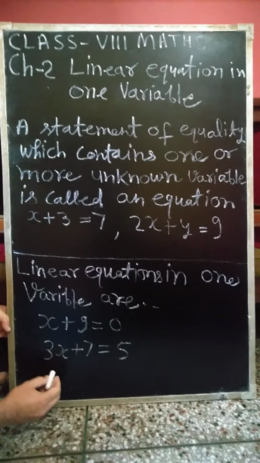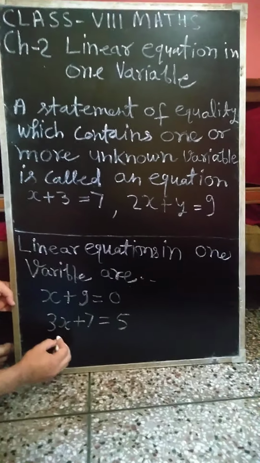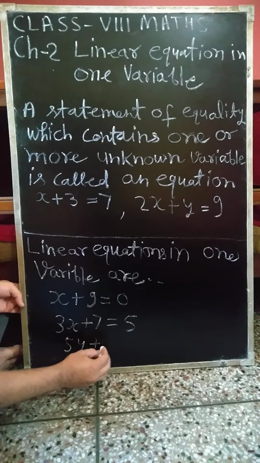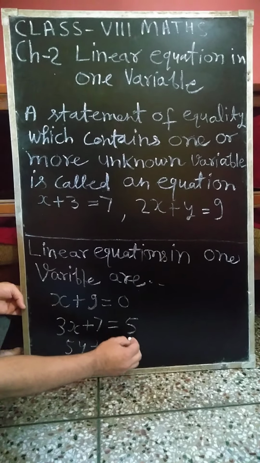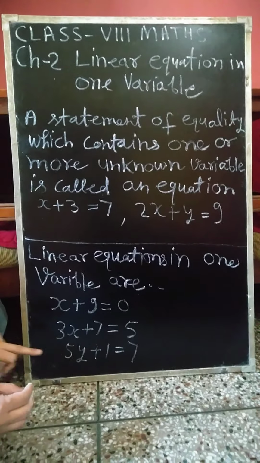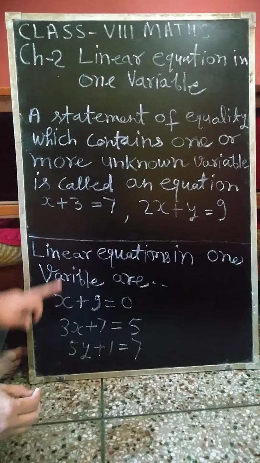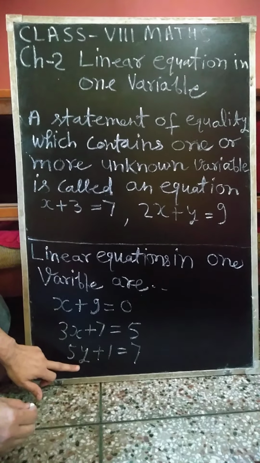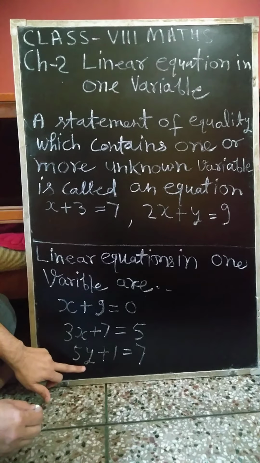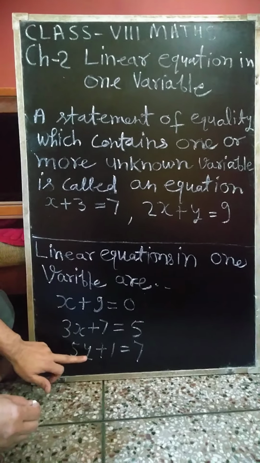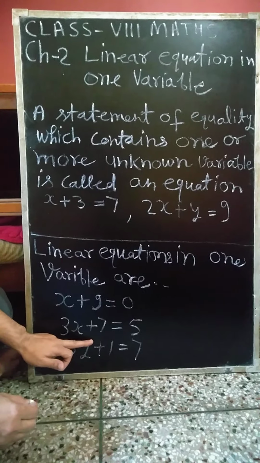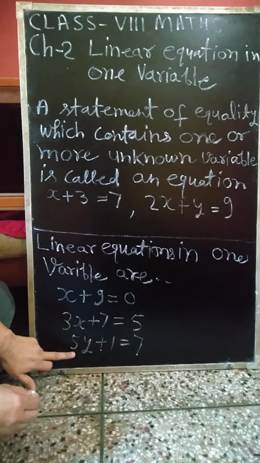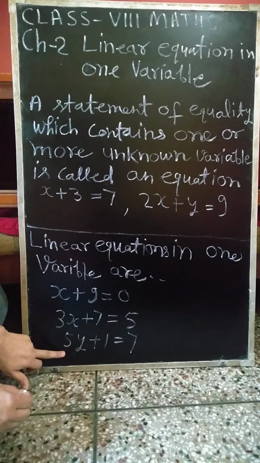Other examples are 5y plus 1 equal to 7, which is also an example of linear equation in one variable, because here the variable is y and the degree of y is 1, so it is a linear equation in one variable.